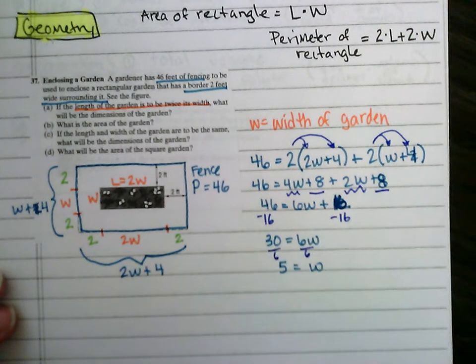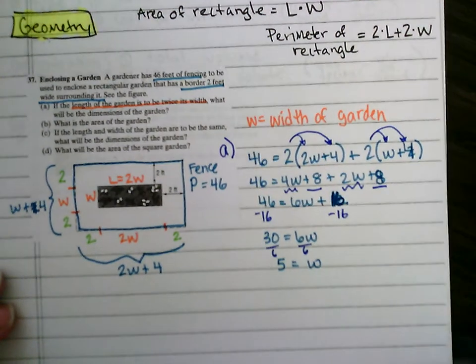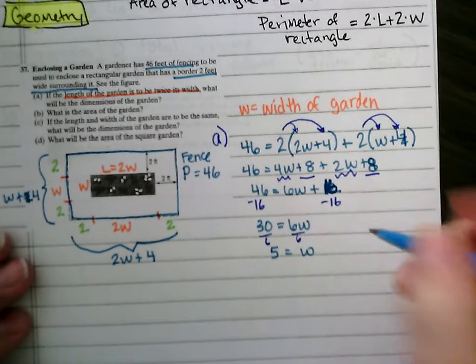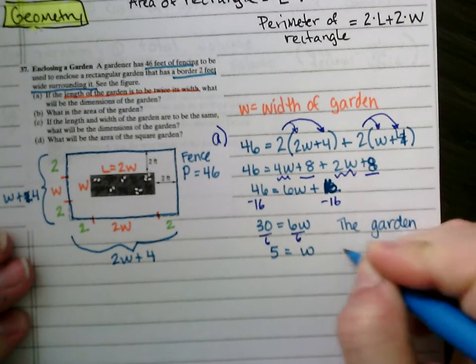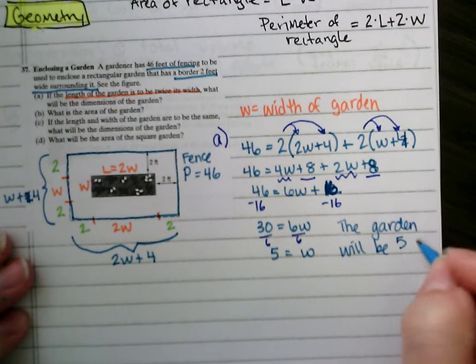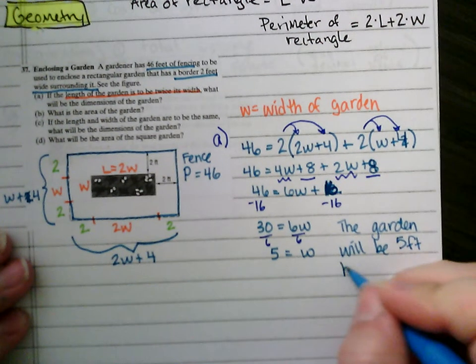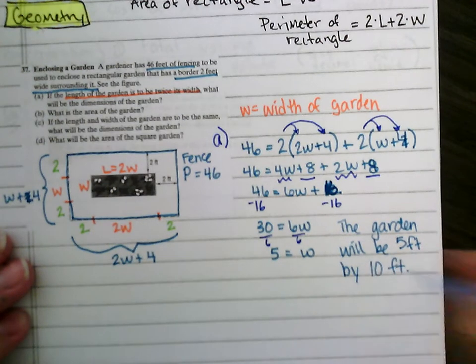The original question in part A was what will be the dimensions of the garden? So the garden will be, what are we in, feet? So 5 feet wide by, the length was twice that, so 5 feet by 10 feet.